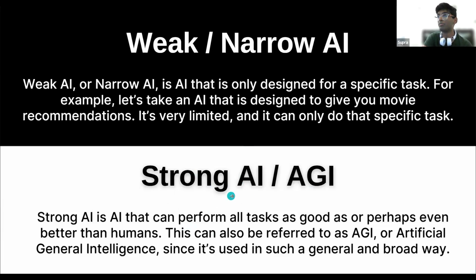Scientists think that it may come in the next few decades, so in the next 10 to 20 years, strong AI might appear. Okay, any questions about strong AI? Okay, then we'll move on.